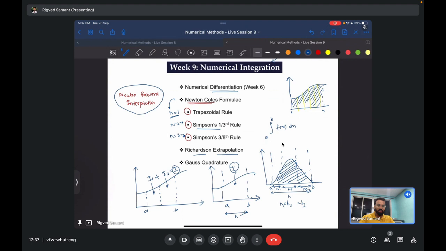The Gauss Quadrature method is again a weighted formula, which is derived by considering your integration as a quadrature plus your line.